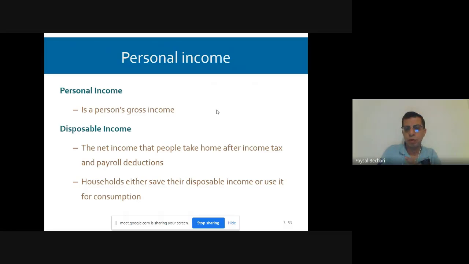But the disposable income is the money that remains in your hand after you pay the taxes, and you can spend it on things. It's called the net income that people take home after the income tax and other payroll deductions, which households either save, use for consumption, or save some and use the rest.